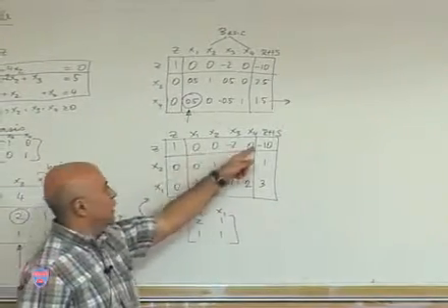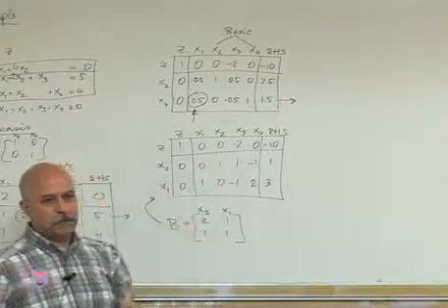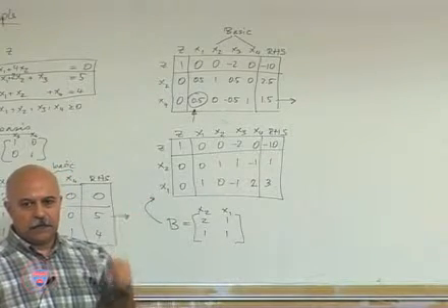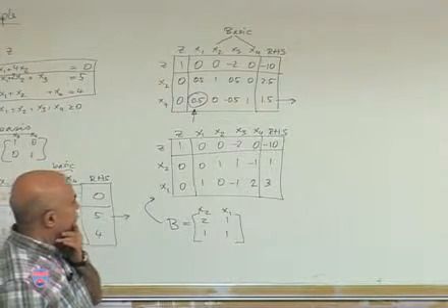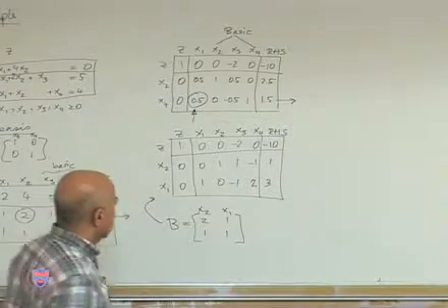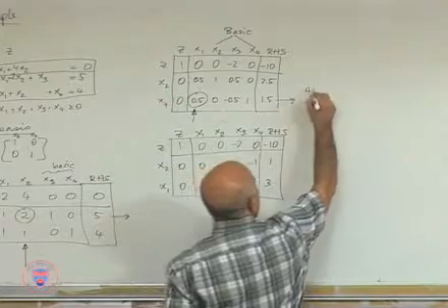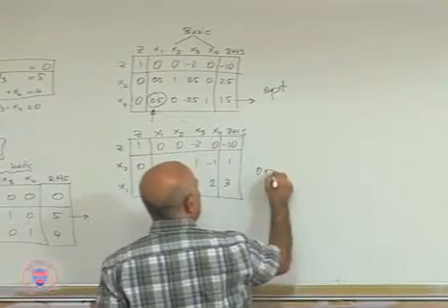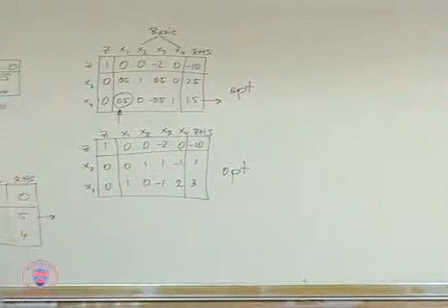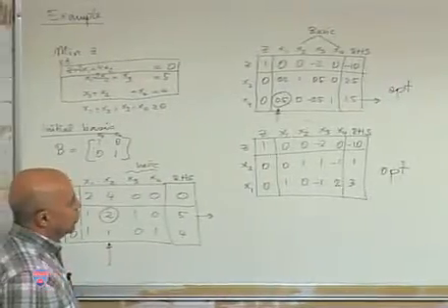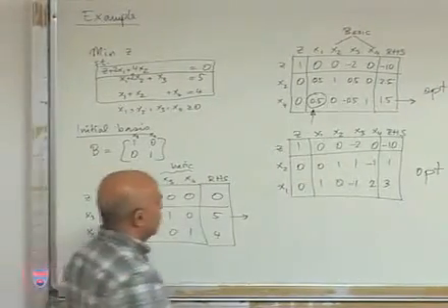And of course, the top values, the row 0 numbers, are simply your reduced costs as they are defined in our notation. Okay, so this is also optimal. This is optimal. This one is also optimal. Are they the same solutions? No, they are not.